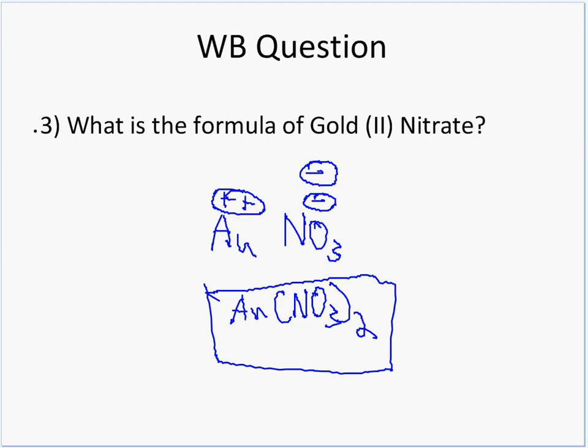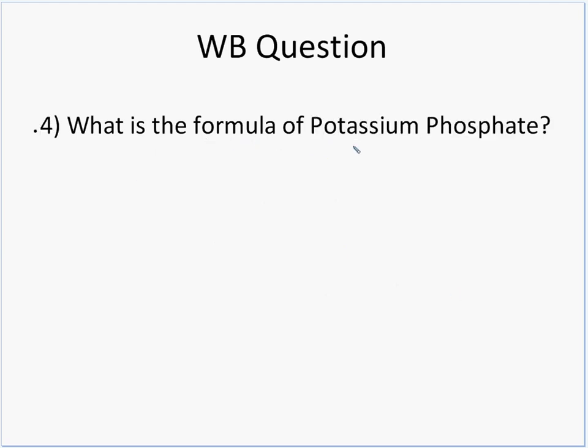Let's do the next whiteboard question. Number 4. What is the formula of potassium phosphate? Pause it until you're ready to discuss. Potassium phosphate. Potassium is K. Phosphate is PO4.